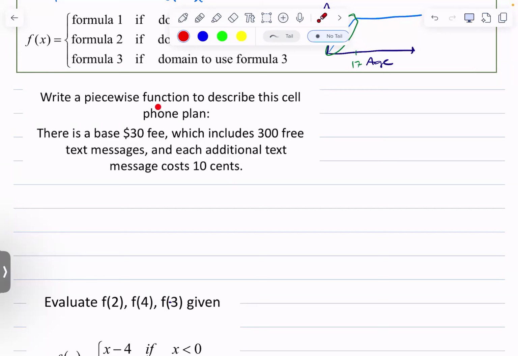Now we want to write a piecewise function to describe this behavior. First thing you want to do is think about what's your input and what's your output in this scenario. The input is going to be x and the output is going to be f of x generically.